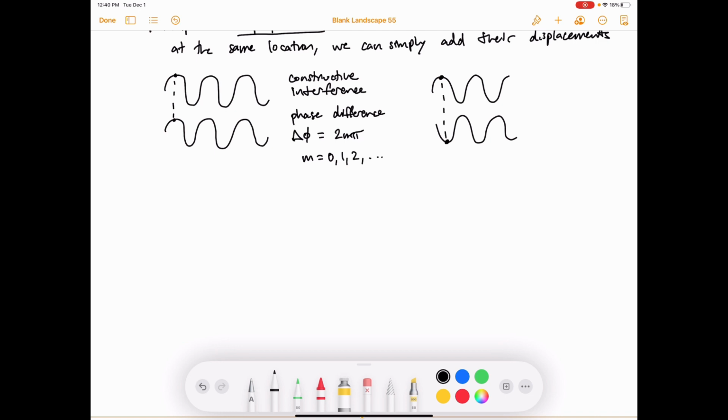So now when you add the two waves together, you're adding a positive displacement to a negative displacement, and the waves are effectively canceling each other out, which is what we call destructive interference. So rather than getting a wave that has a bigger amplitude, we actually get a wave with a smaller amplitude than either of the individual waves.